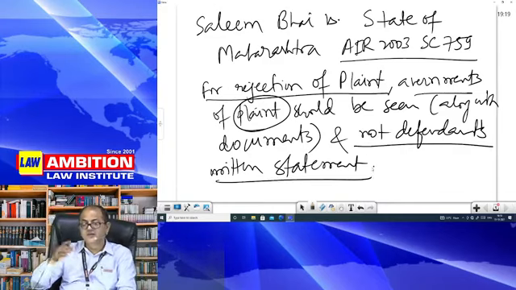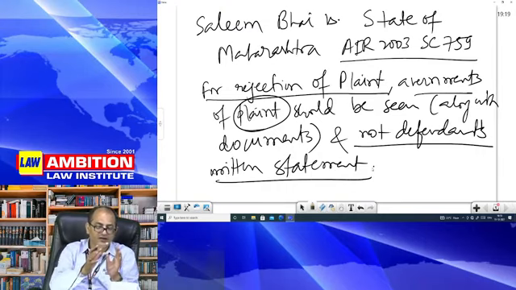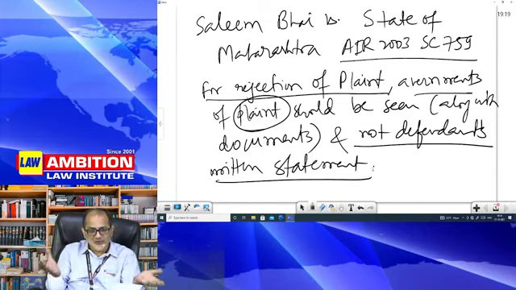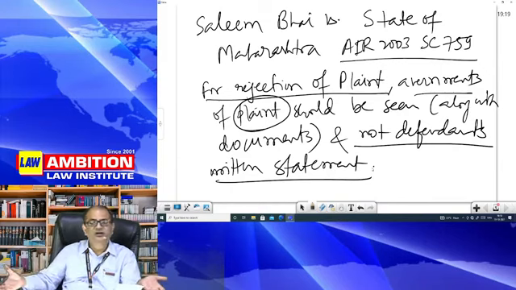You are not required to see the papers of the other party and the answer of the other party. You are rejecting the plaint. Whether plaint does disclose cause of action or not, that is to be seen. Whether plaint has some infirmity or not, that is to be seen. It can be pointed out by anyone, by court, by you, by me. Obviously, it will be pointed out by the defendant generally. That is why he moves court in two different ways. One is by formal application, another is by demurrer. And court can also look into the plaint and court can also reach that conclusion.